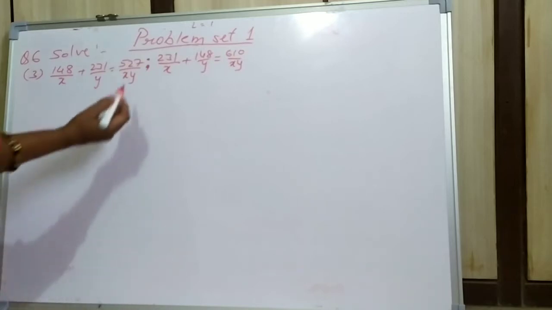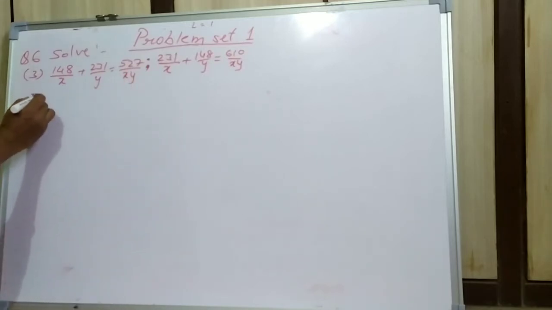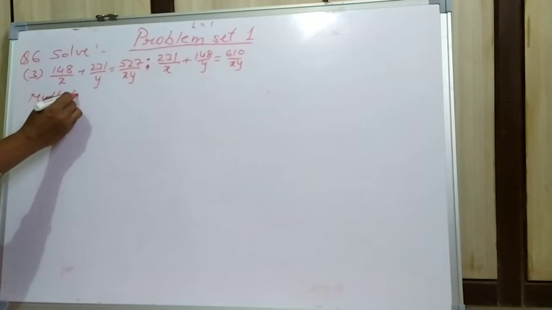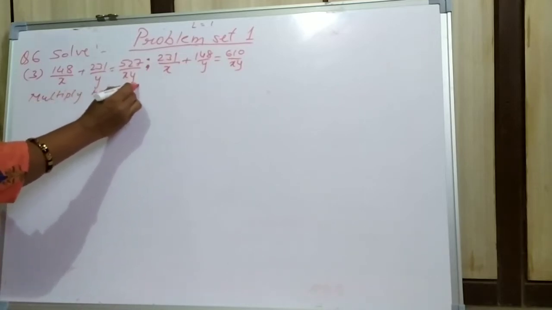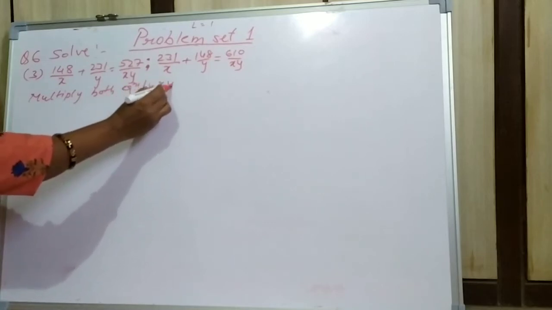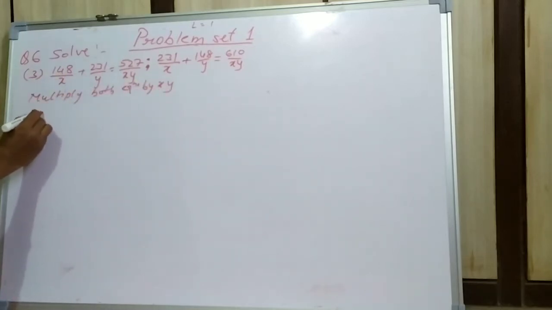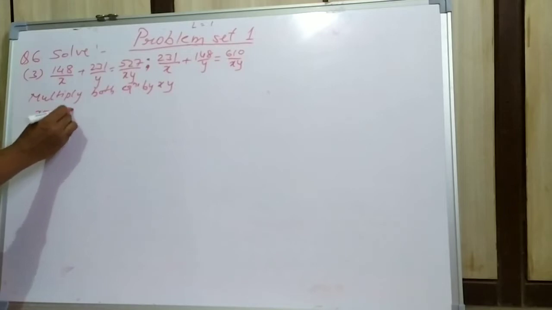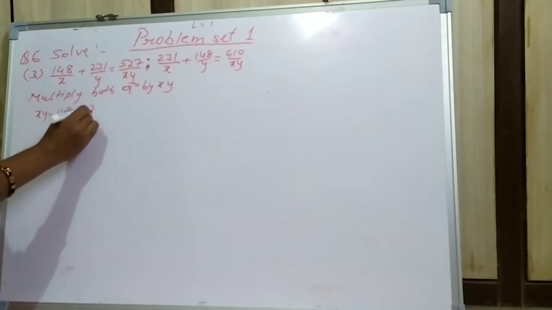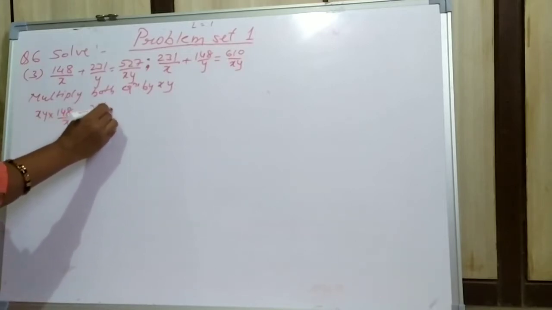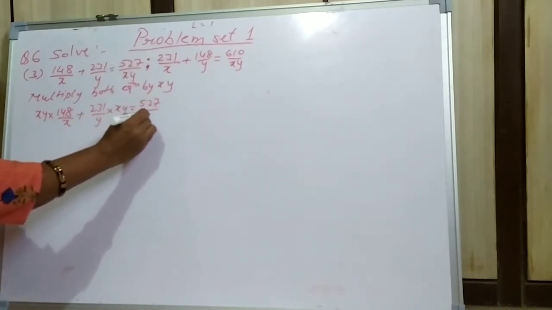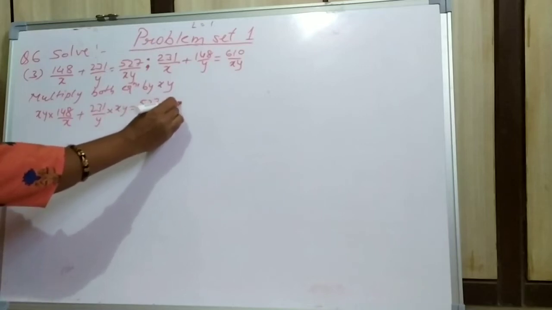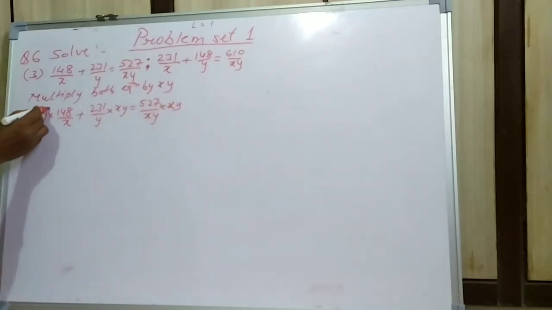So what you have to do, to remove xy, multiply both equations by xy. Now multiply the first one, each term you have to multiply with xy. Here x is in the denominator, here also x, so x we can cancel.